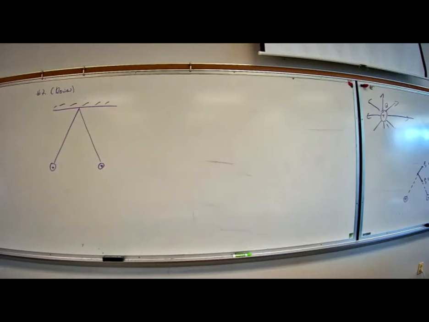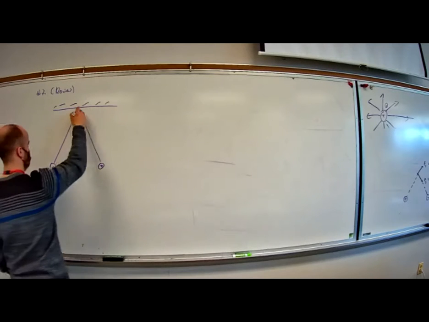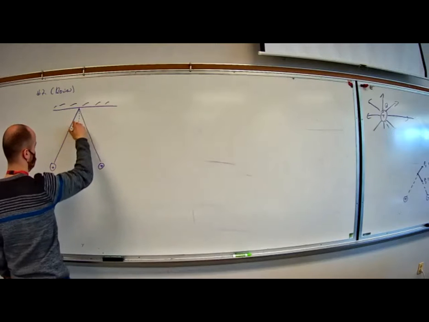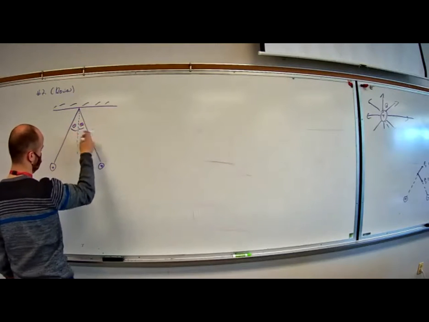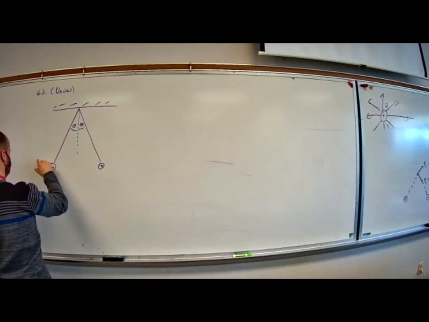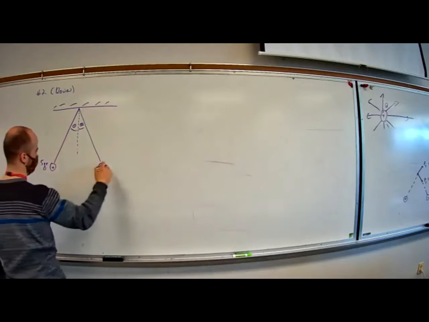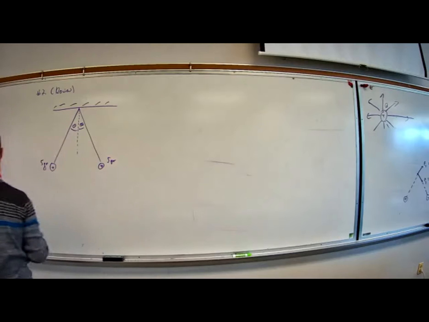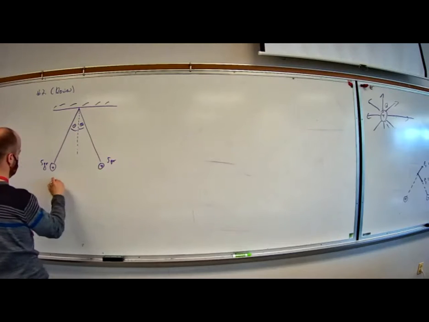I have 1 meter, angle theta is indicated above, okay. So they want us to use this as theta. Of course, this is also theta. So you have theta here, theta there. I have the mass of each. So this is 5 grams, and this is 5 grams as well. And then I have the 2 Qs, right? There's a Q here, and then there's a Q there.